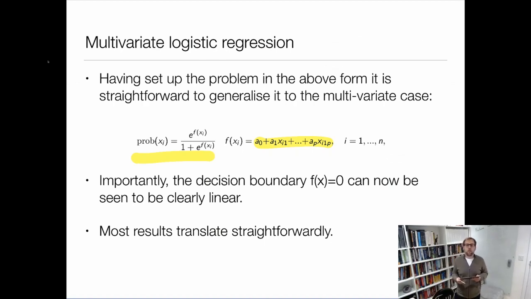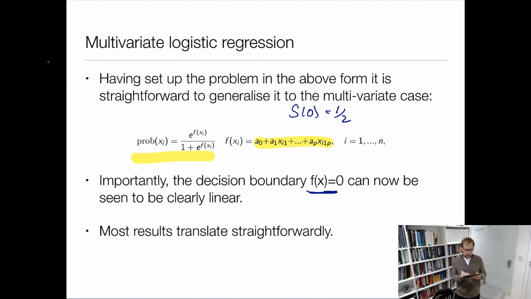What's important to notice is the decision boundary is when the probability is a half, because if the probability is below a half, I will classify it as class 0. If it's above a half, I will classify it as class 1. And this decision boundary, we derived it before, is when s is equal to 0. So the decision boundary is just when f is equal to 0.